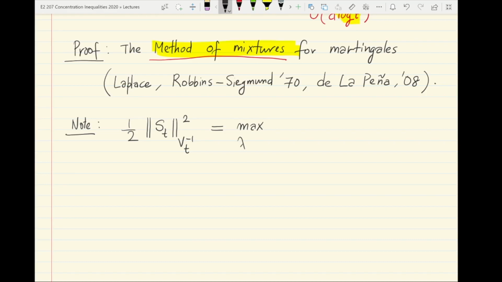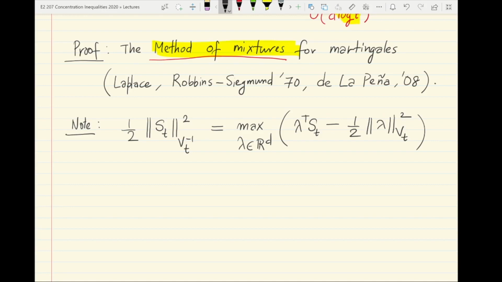It's the max over lambda in R^d of lambda transpose ST minus half the VT norm square of lambda. Okay, so this is an identity that expresses a matrix weighted norm as the solution to an optimization problem involving the weighted norm of the inverse matrix on the other side. So VT inverse becomes VT on the other side.